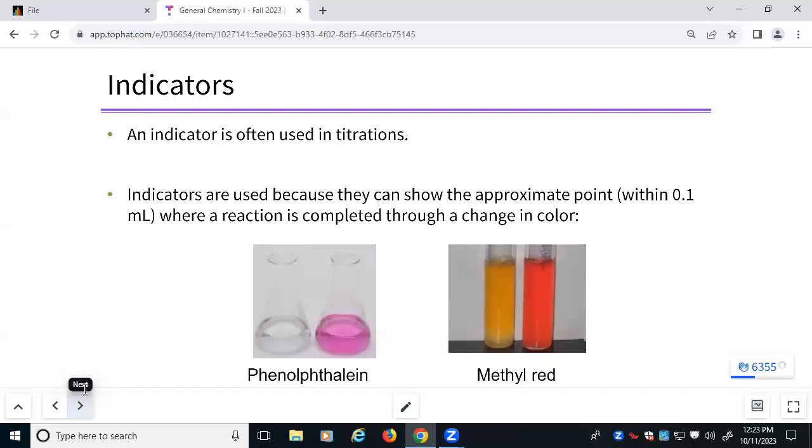They're all pH specific and will change colors when that pH falls from one range to another. So in the case of phenolphthalein, up until pH 8, it stays colorless. Beyond pH 8, it turns this hot pink kind of color. And the intensity of that color increases as you get further and further away from pH 8.